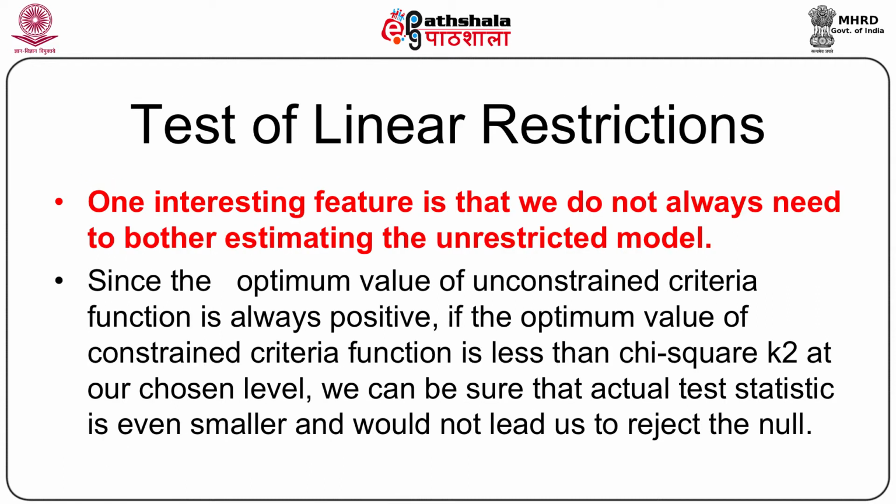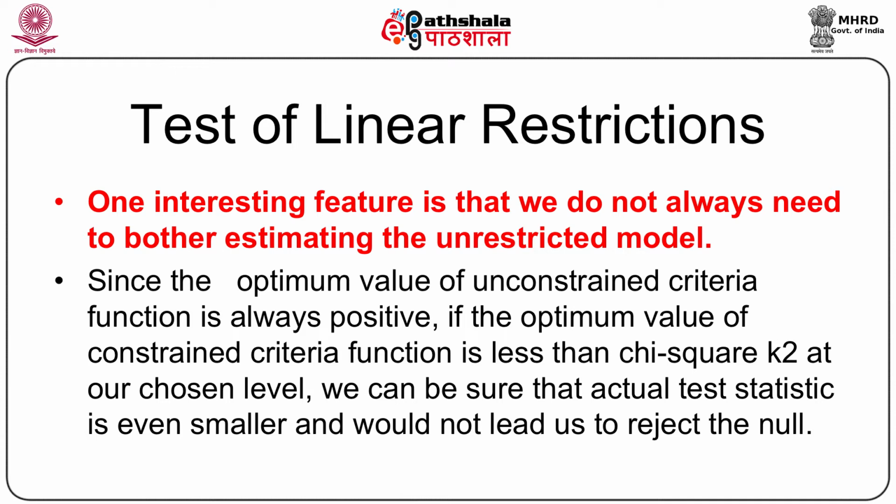Now one interesting feature is that we do not always need to bother estimating the unconstrained model. Since the optimum value of the unconstrained criteria function is always positive, if the optimum value of the constraint criteria function is less than the chi-square k2 at our chosen level of significance, we can be sure that the actual test statistic is even smaller and would not lead us to reject the null hypothesis.